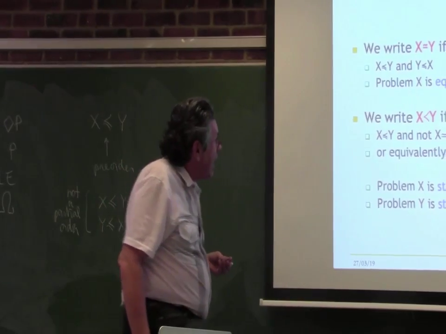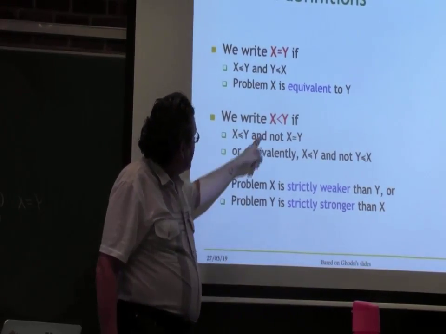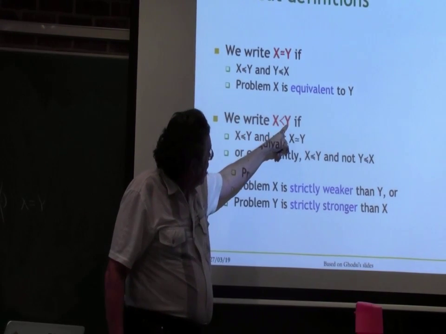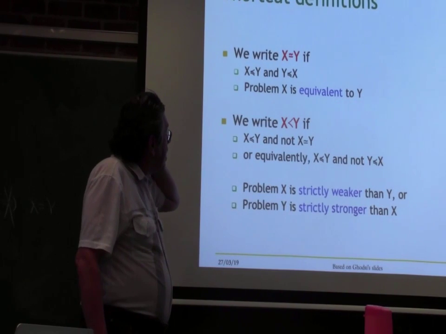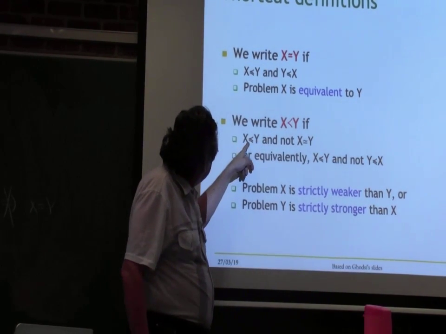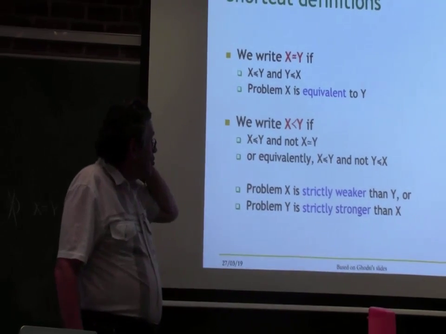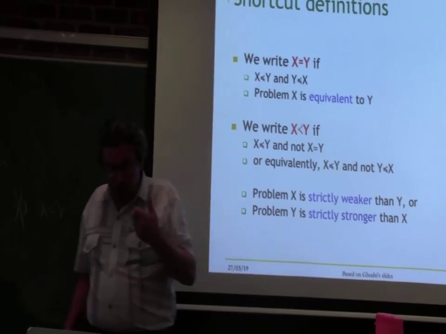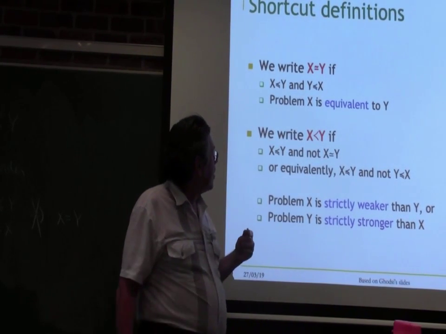Okay? And x is strictly weaker than y if x can be reduced to y, but they're not equivalent. That means it's really weaker. You can use y to do x, but they're not the same, okay?